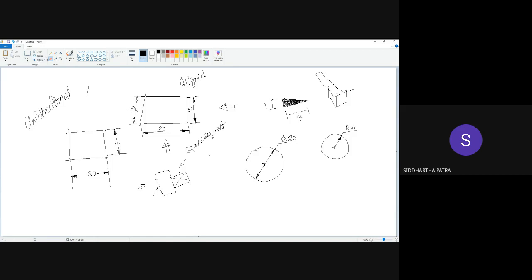So when you dimension this geometry, you should mention that this is square, so sq, and let's say this is 10 millimeter cross 10 millimeter, so you mention that thing. So when we encounter different things, we would mention what certain dimensions mean.